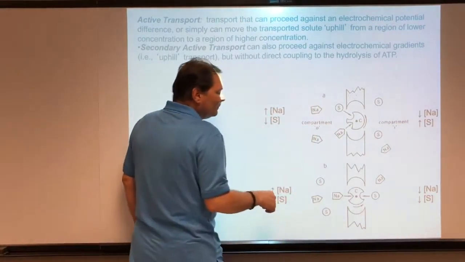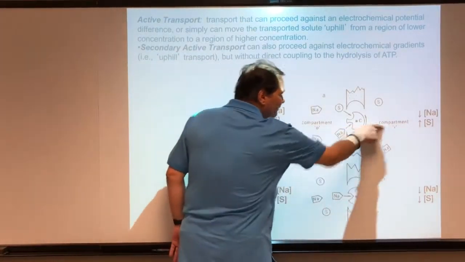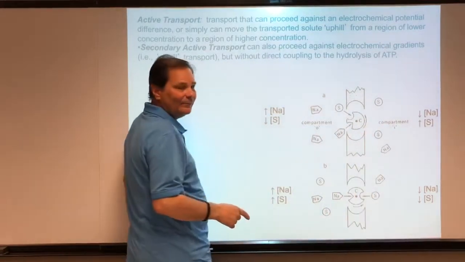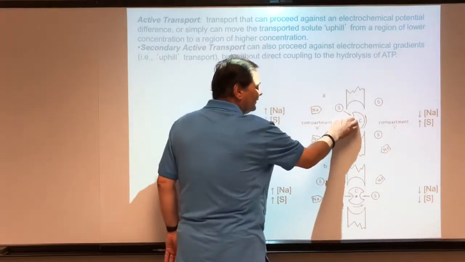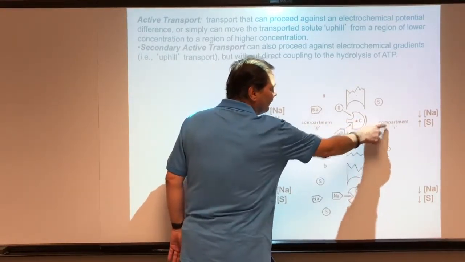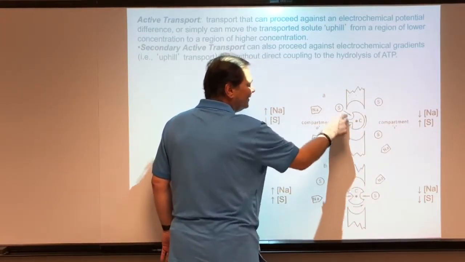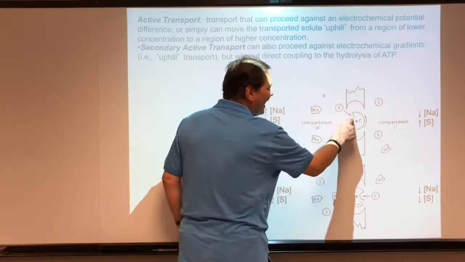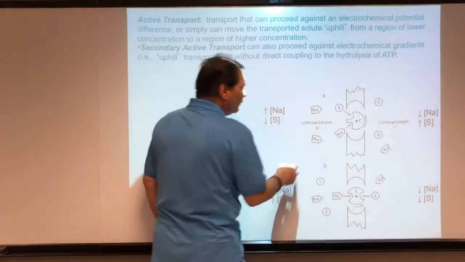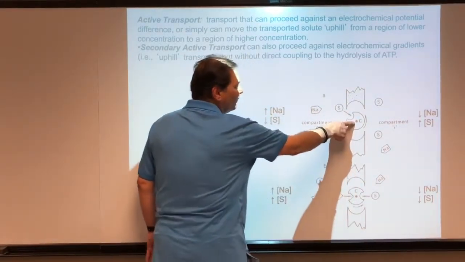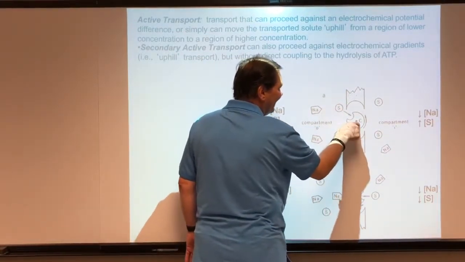So it's trying to move down, but it can't because the bodyguard is in the way. And my transporter is in the way, and it's not going to allow sodium to move down its gradient unless a substance S is also bound with it. Okay? So sodium will bind here, but it can't get across unless S binds.